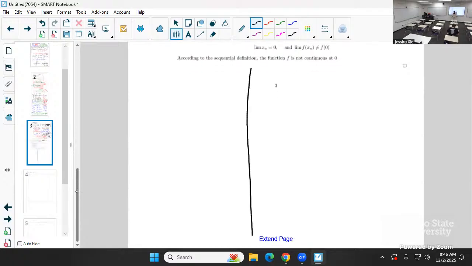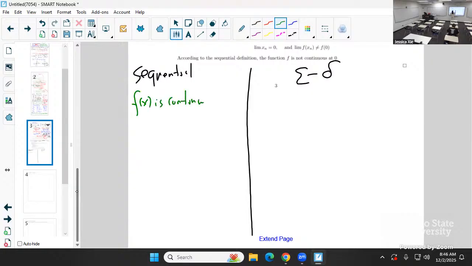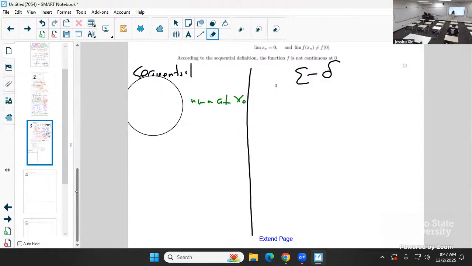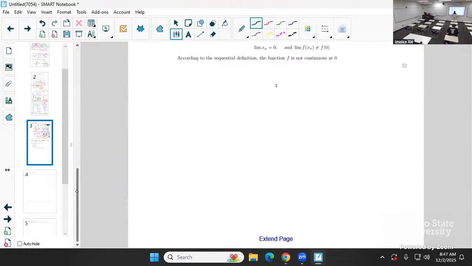Let's see, where sequential and epsilon-delta. Okay, let's recall the definition. What's the definition for a function f(x) to be continuous at x naught? X naught is also in the domain, right?